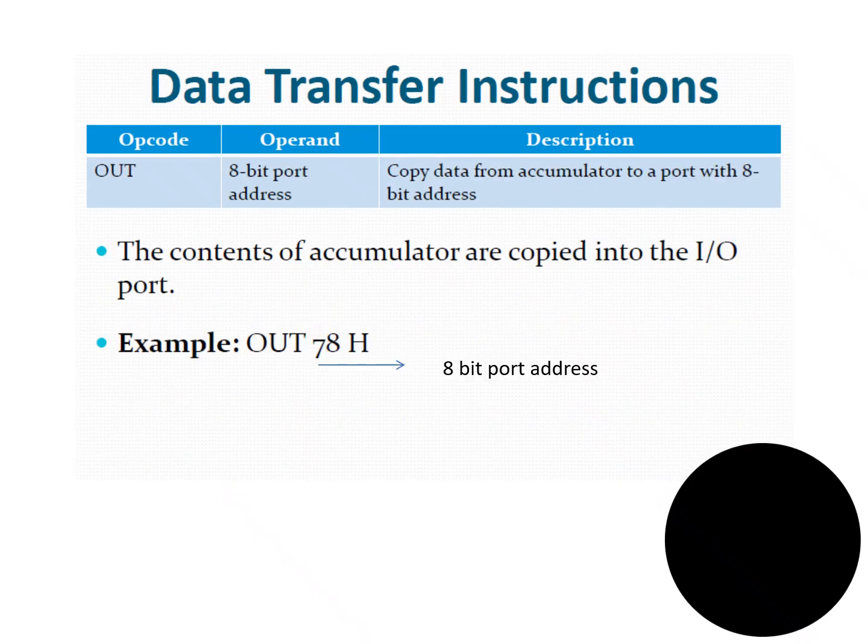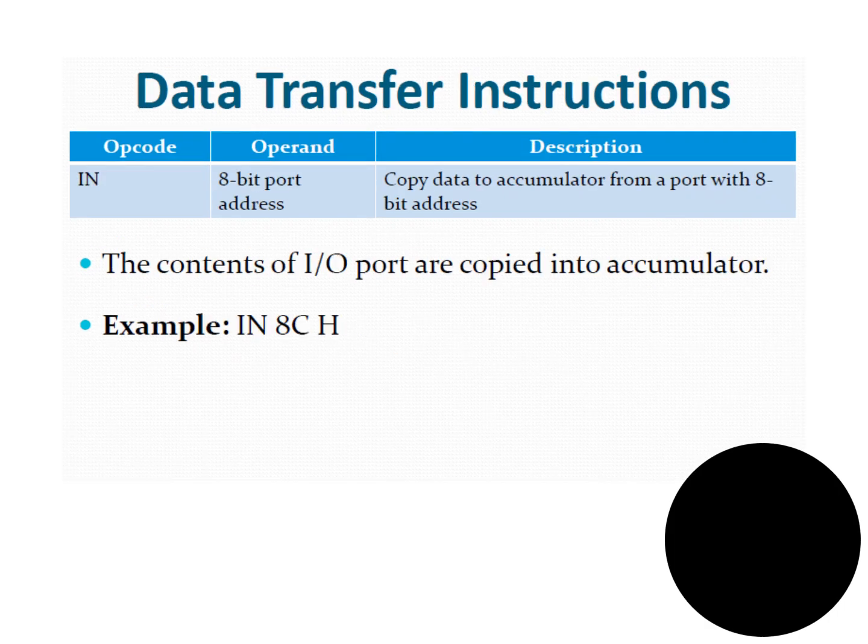Okay. So next, when you use external devices, we use specified instructions, which are the IN and OUT instructions. The OUT instruction is used whenever you want to send data out from the microprocessor to the external device. The IN instruction is used whenever you want to get data from the external device to the microprocessor.